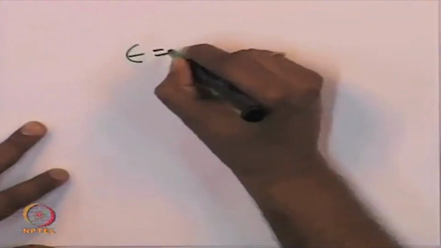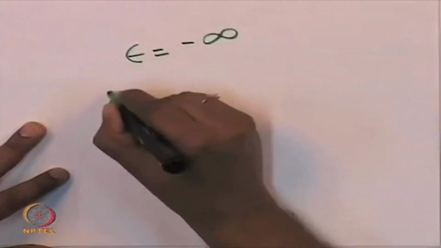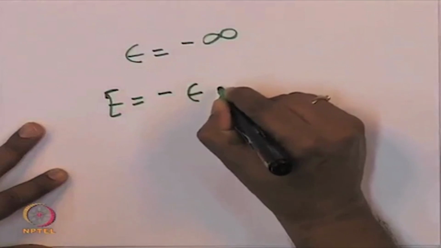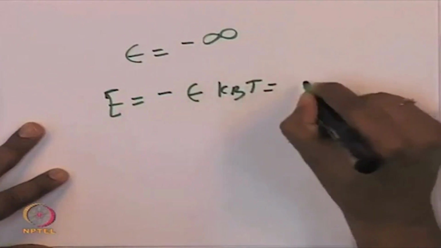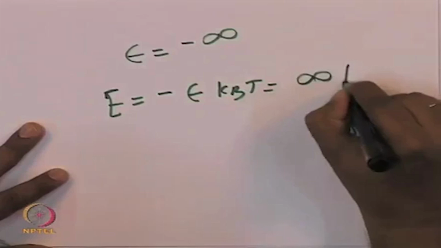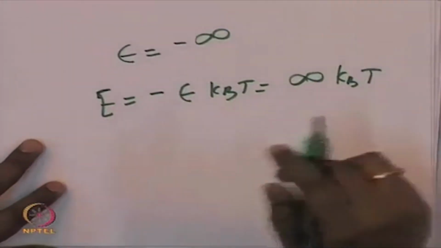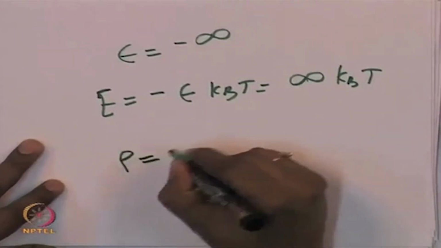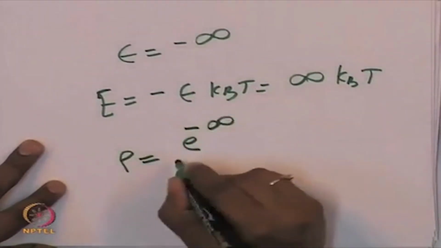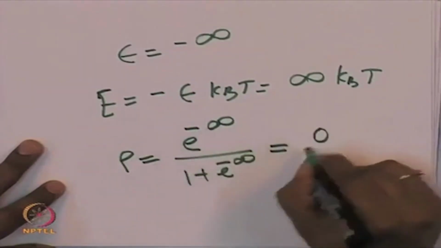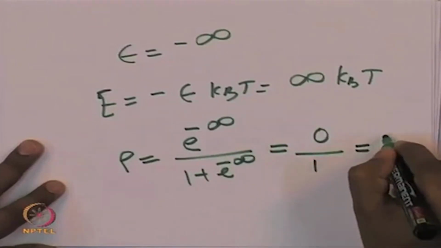Then rho will be e power minus infinity divided by 1 plus e power minus infinity, which is 0 by 1 plus 0, which is 0.